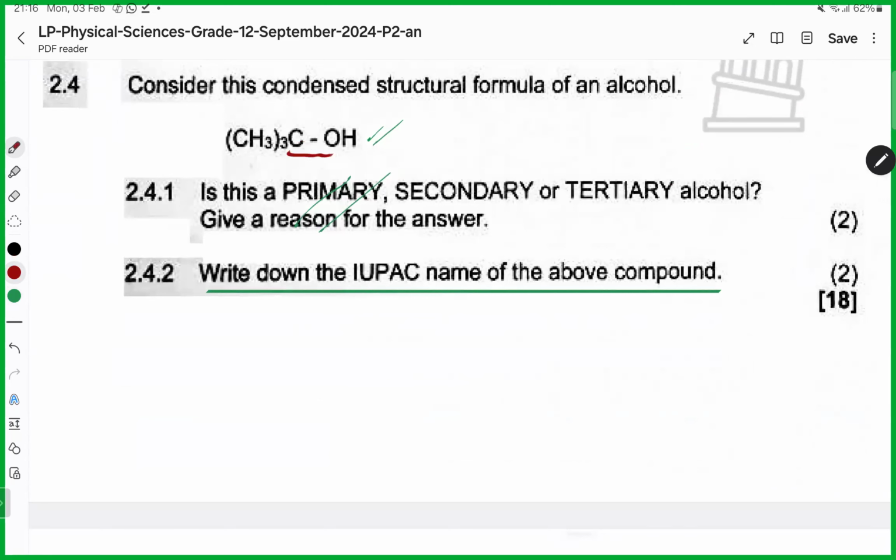Still working it out. There's the COH, and there's your 3 groups of CH3. That's not butan-1-ol, by the way.